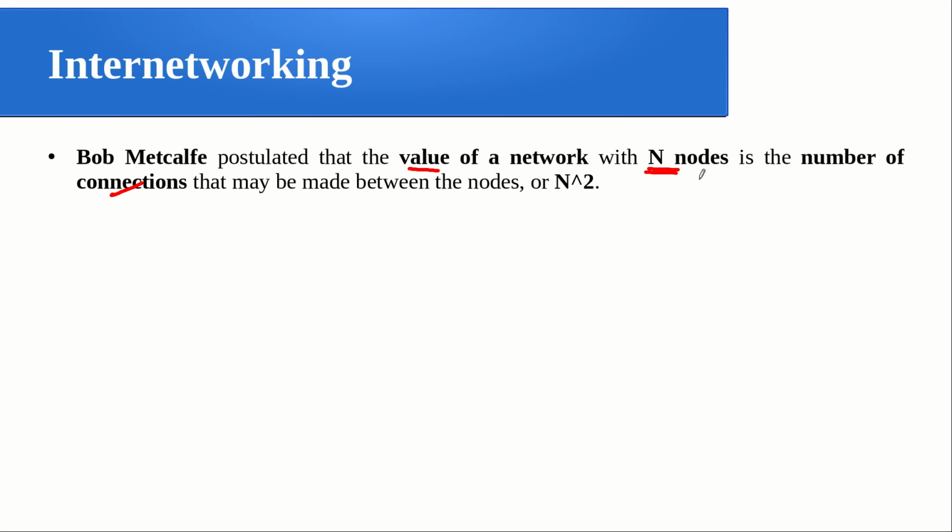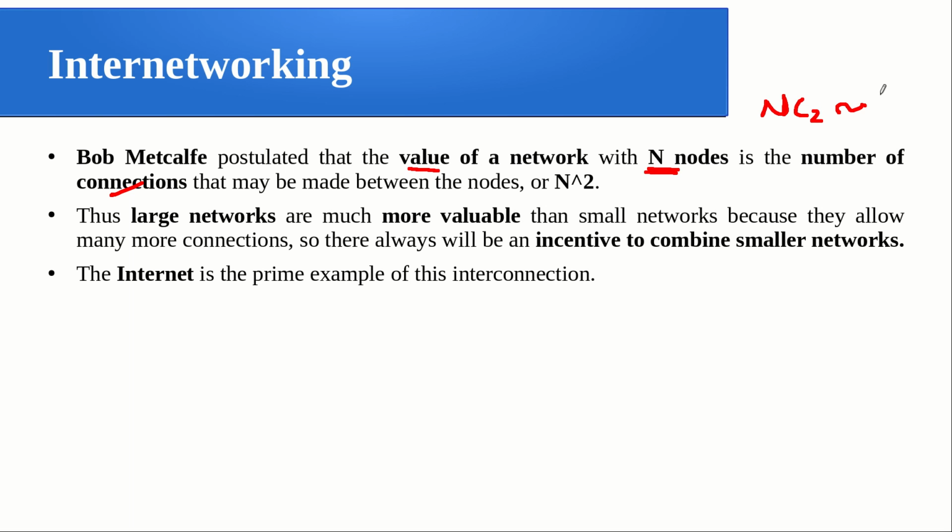Between n nodes, how many connections are possible? Typically there will be nC2, that is, out of n, how many pairs are possible. That many connections are possible, which is approximately n square. So if there are n nodes in a typical network, there will be n square connections, and this n square defines the value of the network.